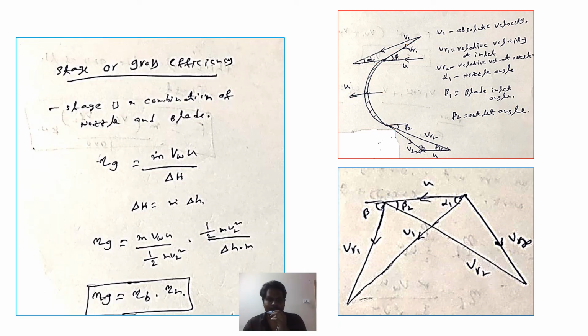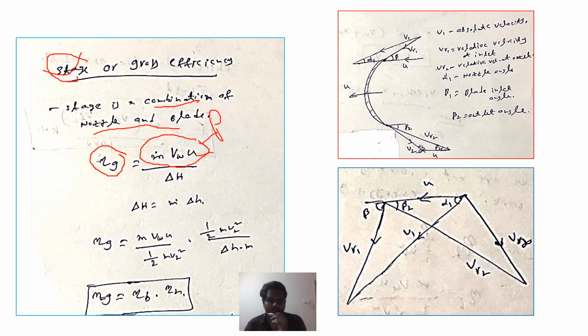Okay, now stage or gross efficiency. Stage means it is a combination of nozzle and blade. Like that it will have a number of stages. Now the gross efficiency equals output, which is the power. Power is m dot Vw u.